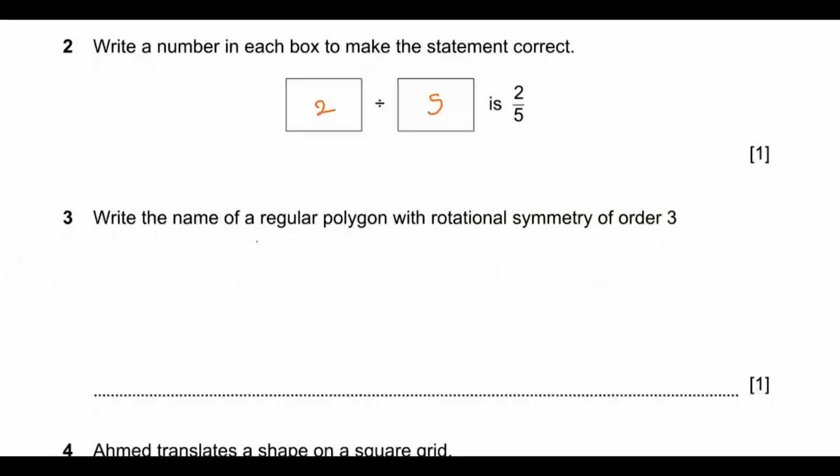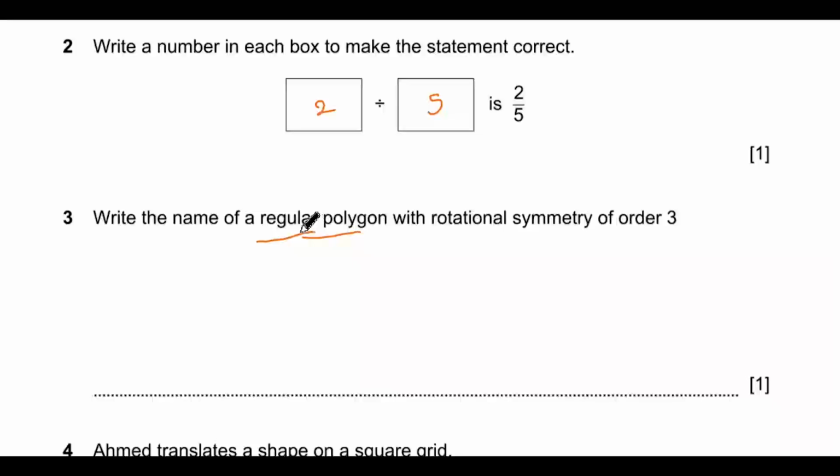So look at it here. Regular means equal. A regular polygon means a polygon that has equal sides. For a regular polygon to have rotational symmetry of order 3, it must have 3 equal sides.